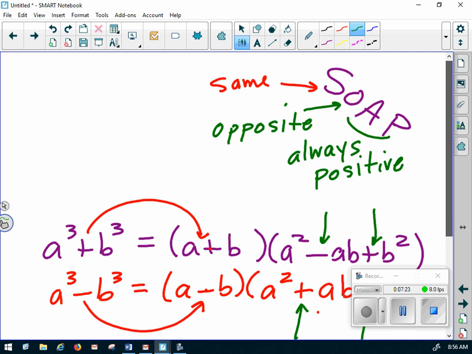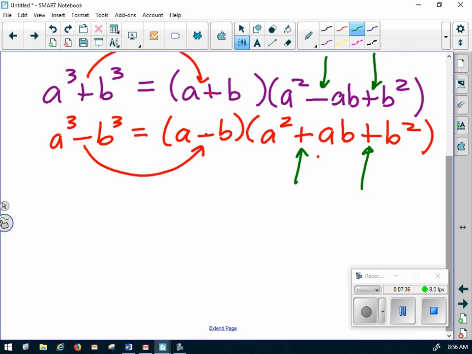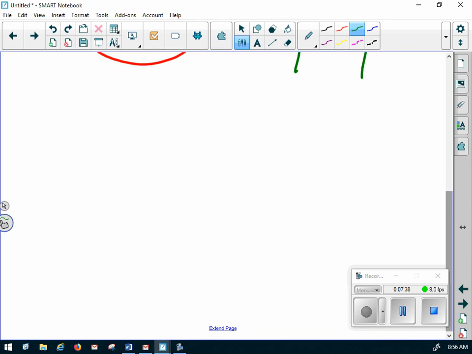That's how you know what your signs are going to be when you factor a sum or difference of cubes. So let me write something. I don't want you to tell me the numbers. I want you to tell me the signs. Don't write this down.